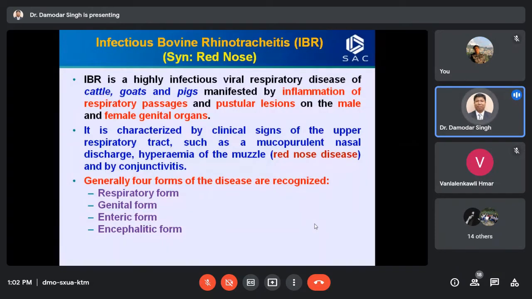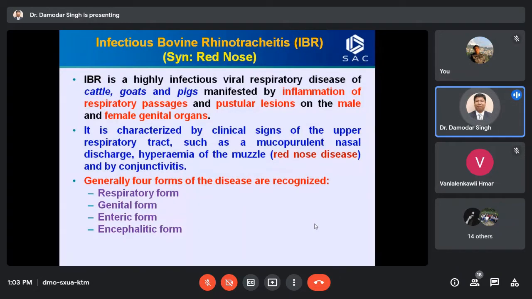It is mainly characterized by inflammation of the upper respiratory passages with pustular lesions on the male or female genital organs. Mostly it is confined to the upper respiratory tract, sometimes a little bit down to the lungs, but mostly the upper respiratory tract.